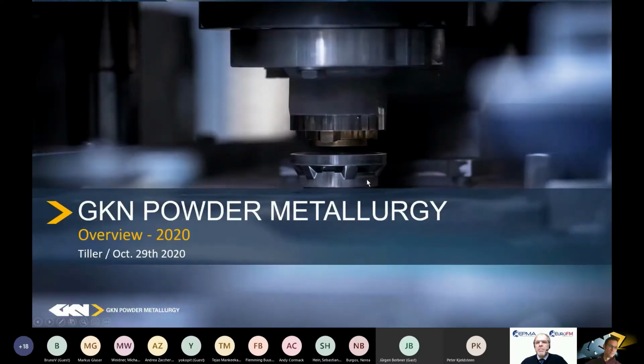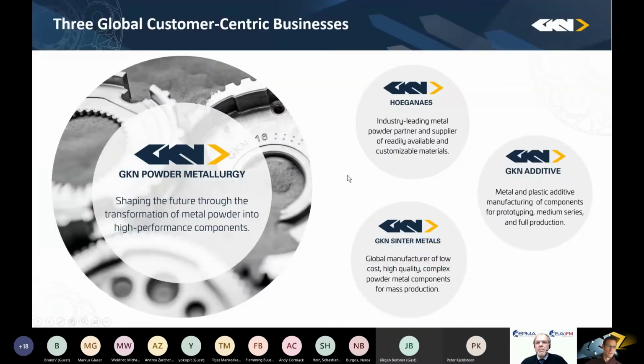So let's start with the GKN Powder Metallurgy Group, just a brief overview. Many of you may know us already. One of the global leaders for powder metallurgy production, currently working in 3 fields mainly. One is the Höganäs Corporation, which is part of GKN Powder Metallurgy Group, producing various metal powders for our products.